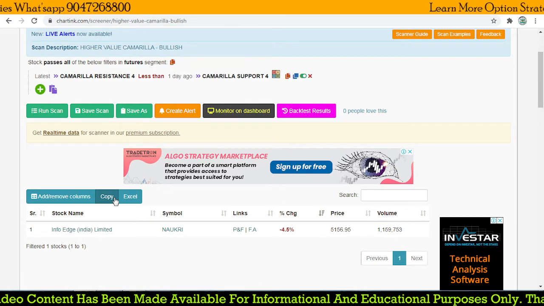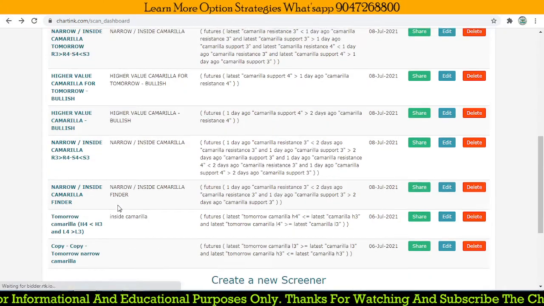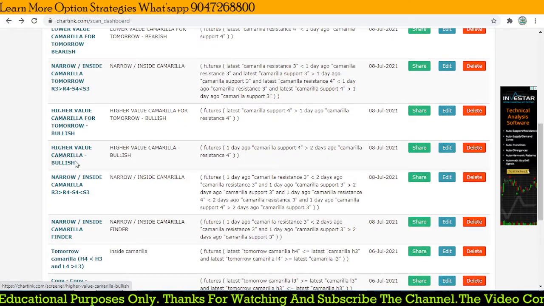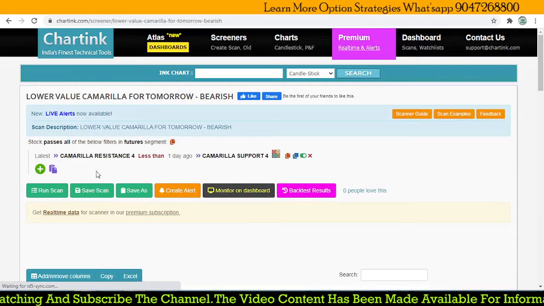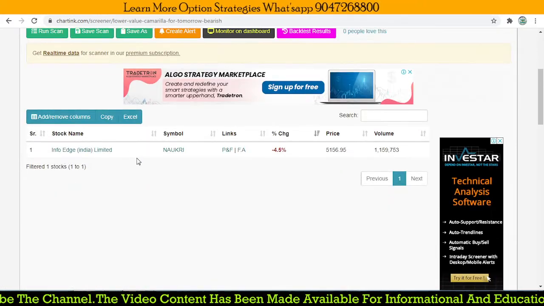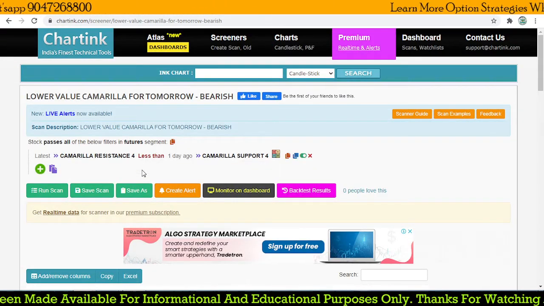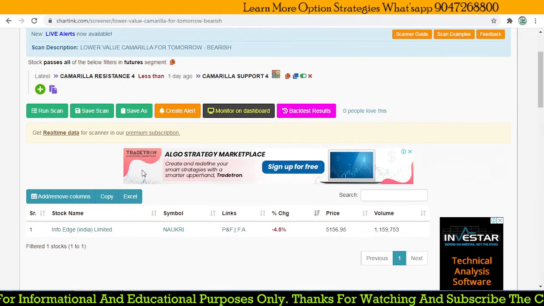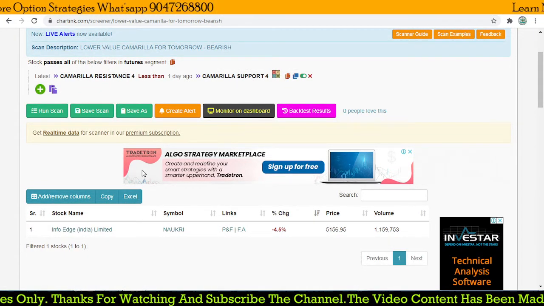Here we are going to focus on this stock for selling, and the stocks with lower value, while the others are higher value. We have seen Info Edge, the higher value stocks, the lower value, and inside value, and previously outside value, which is a range bound trade.